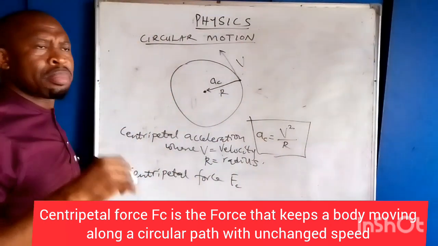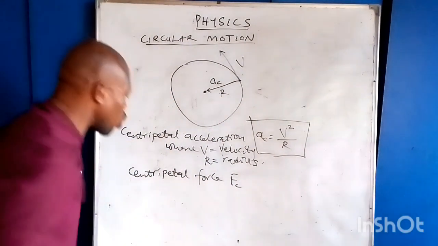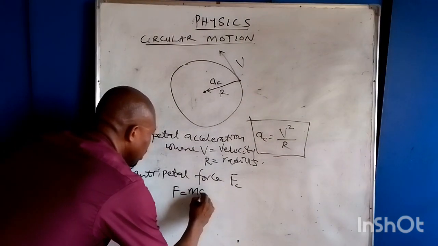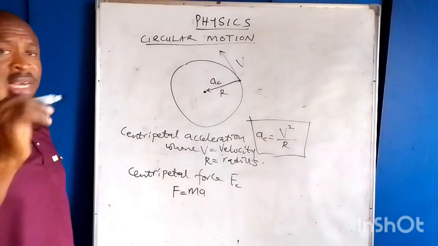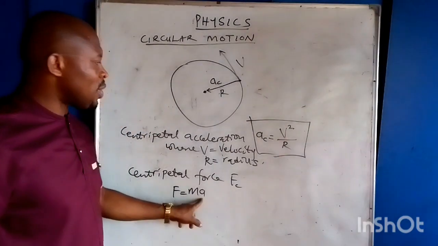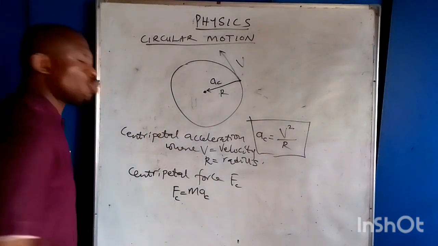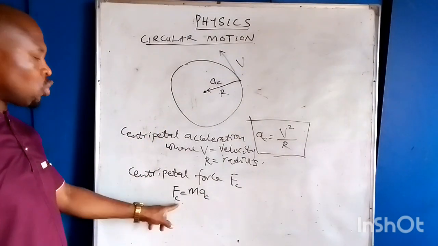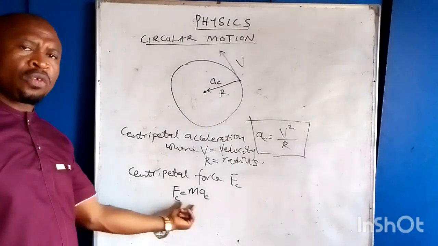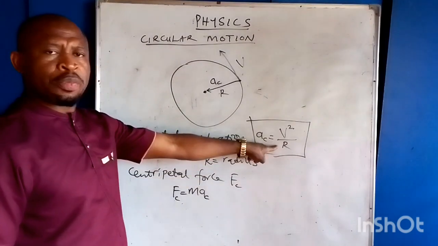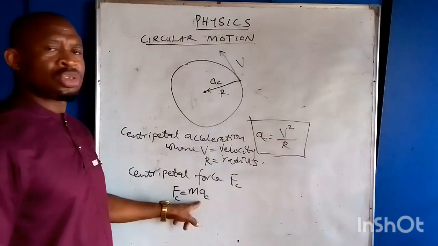Remember from Newton's second law of motion that F is equal to mass times acceleration. In this case, we have already gotten our acceleration, which is this. We can subscript it with C, which will now give us the centripetal force.